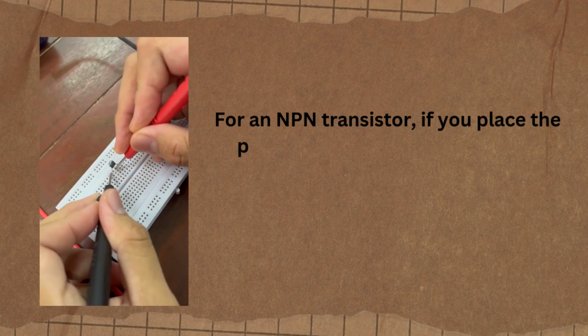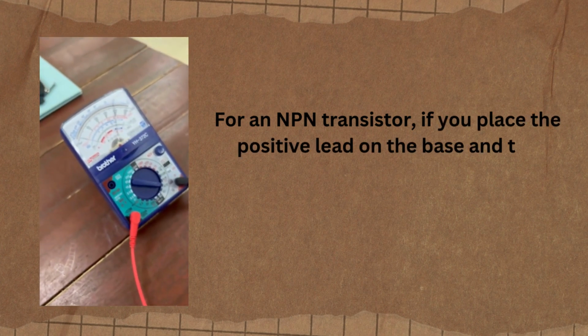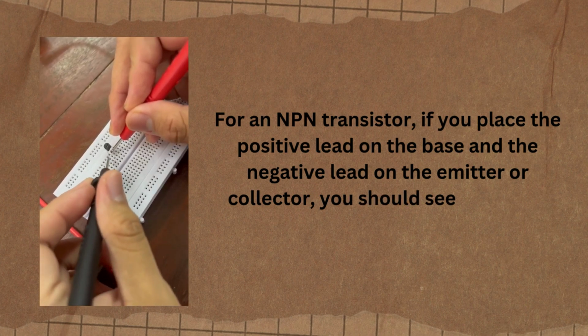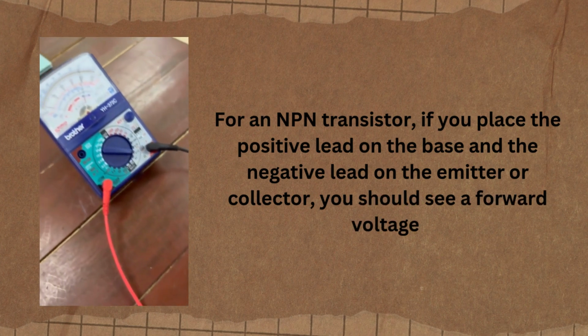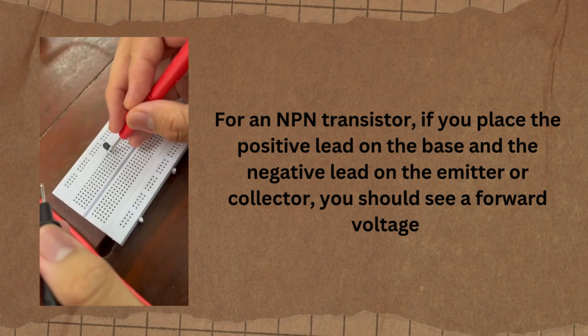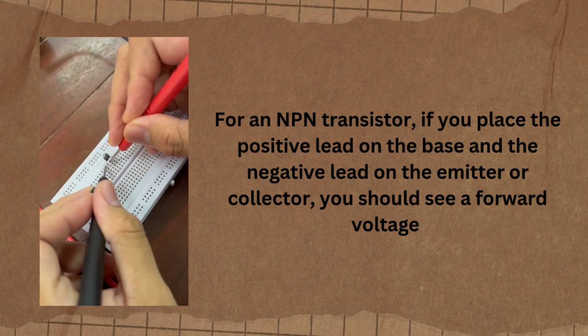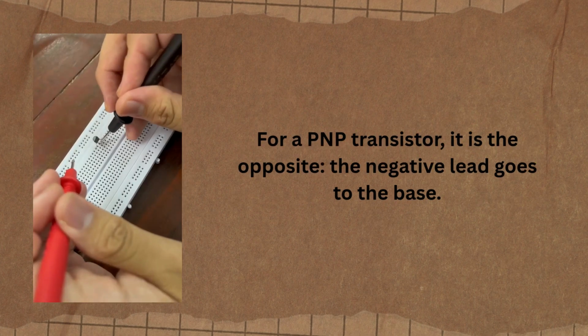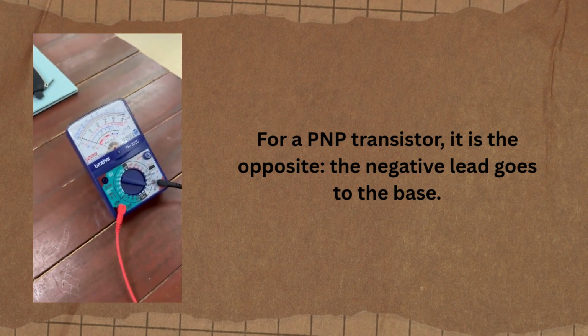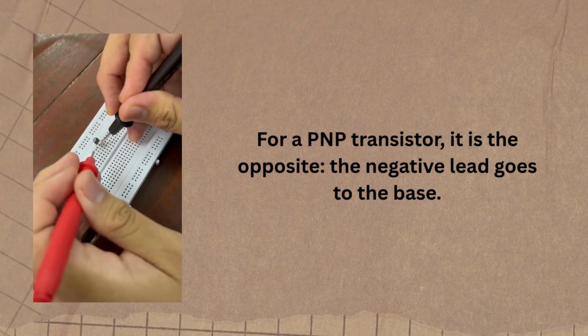For an NPN transistor, if you place the positive lead on the base and the negative lead on the emitter or collector, you should see a forward voltage of around 0.6 or 0.7 volts. For a PNP transistor, it is the opposite. The negative lead goes to the base.